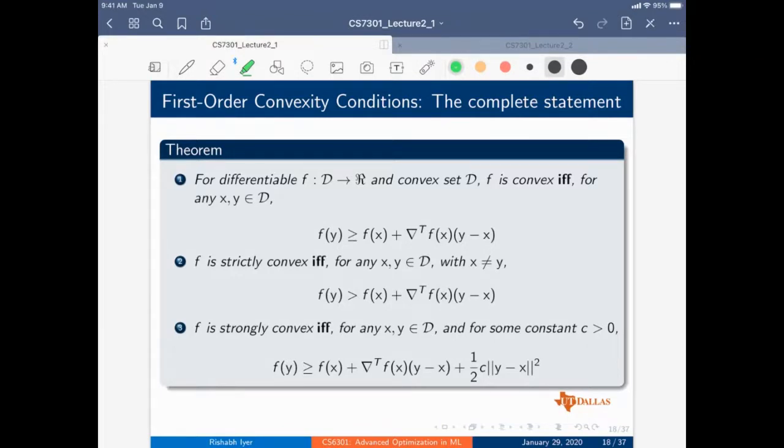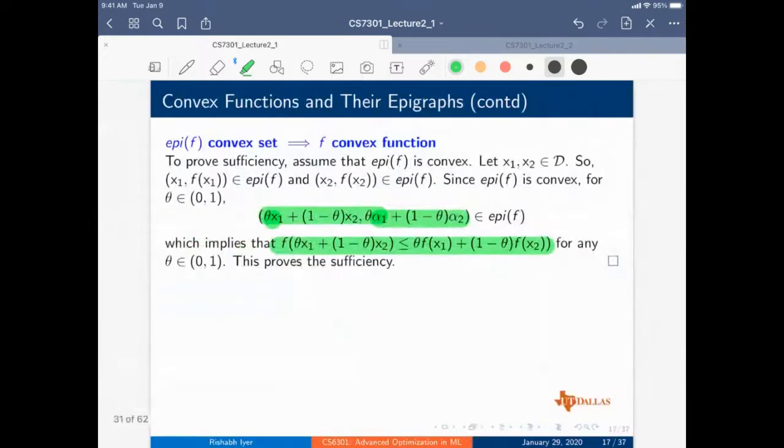Yes, Professor. So it is this epigraph that distinguishes convex functions from quasi-convex functions. Quasi-convex functions' epigraphs are not necessarily convex sets. Yes, this is a great point actually. Thank you. I'll add this over here. Again, this is because of this if and only if condition.